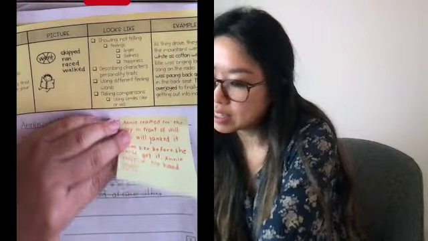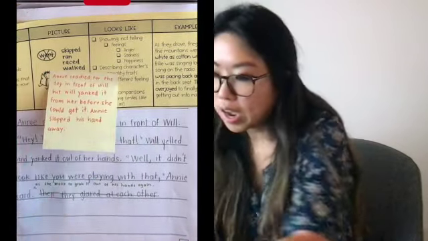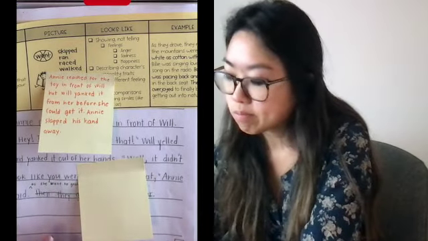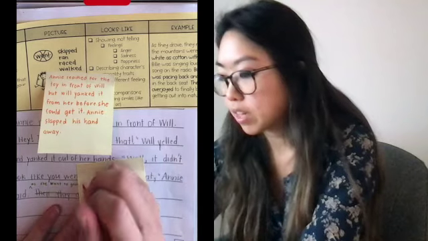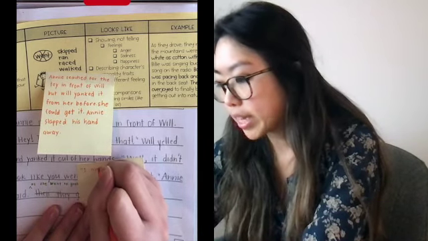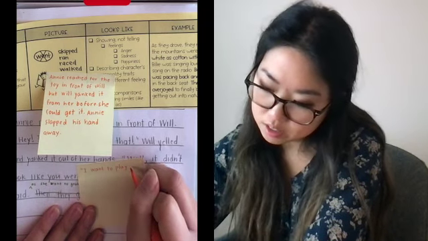Maybe for the second sentence where I said, well, it didn't look like you were playing with that, Annie said, instead, I could say, I want to play with that, she shouted.